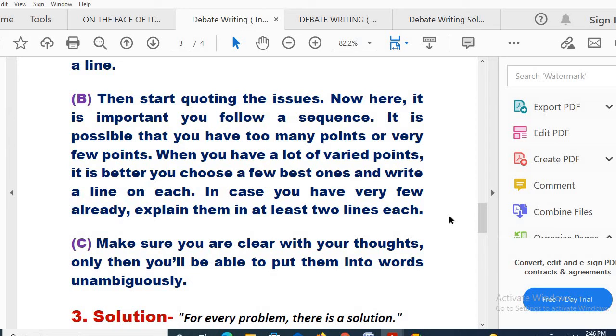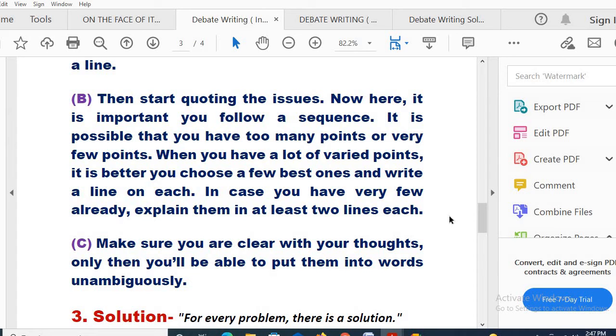Considering the other scenario, if you have very few points, then try to elaborate those points, because there you don't have the liberty to say, I have fewer points, let me write 1 line each. No, you can't do that. When you have too many points and the topic is familiar to you, only then can you do that. You can select the best ones. As I told you, you have to be selective at that moment.